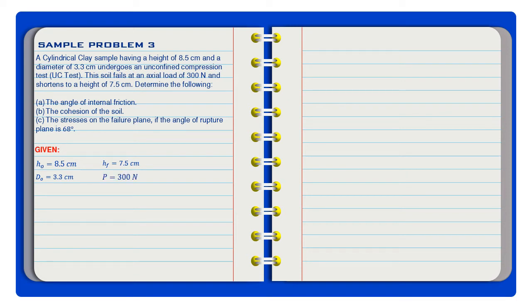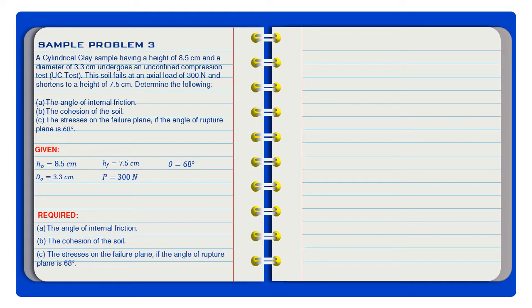Then, the axial load or axial deviator load is the 300 Newton force. Then, lastly, the angle of the rupture plane is 68 degrees. What is required of us is the angle of internal friction, the cohesion of the soil, and lastly, the stresses on the failure plane if our angle of rupture plane is 68 degrees.